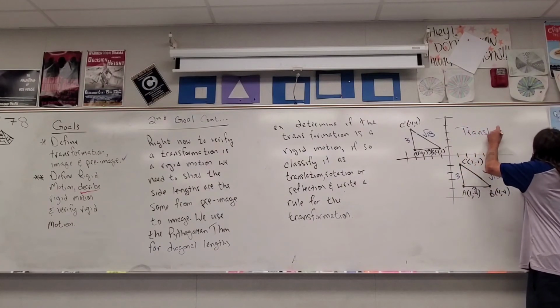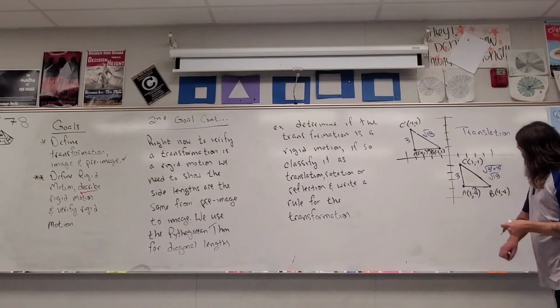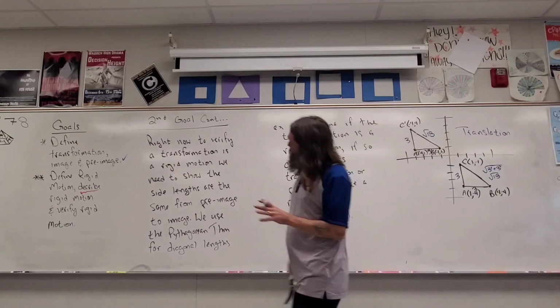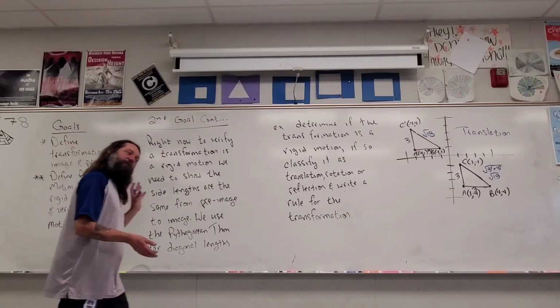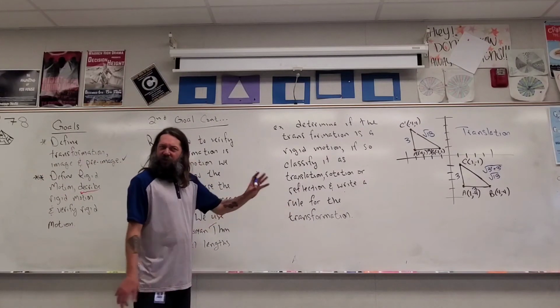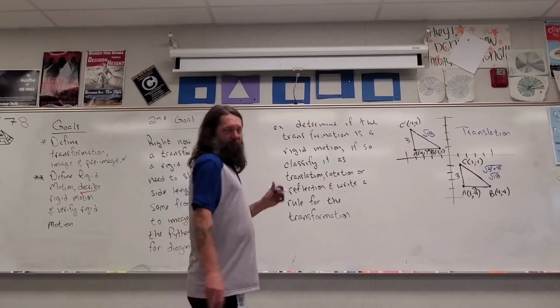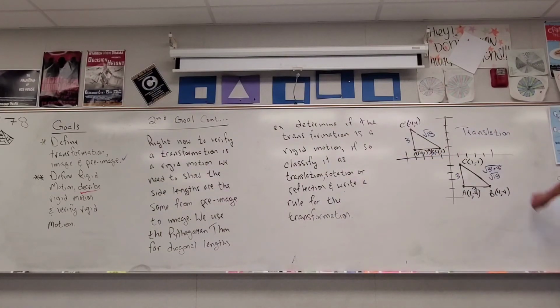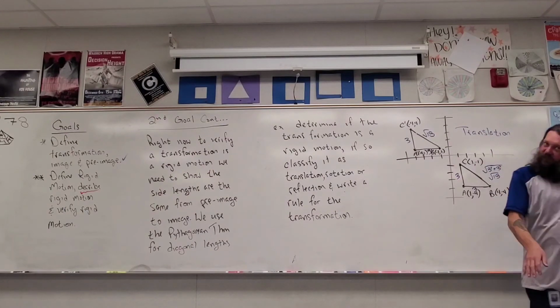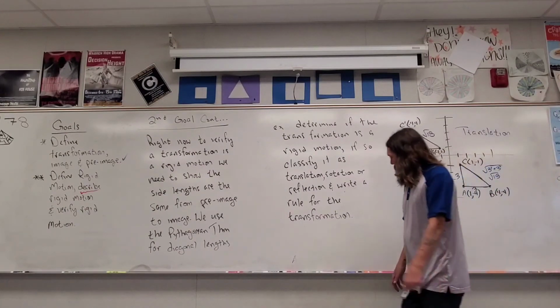Now I'm going to come back and make a video that talks about just rotations and just reflections. But I thought this would be good just to see translations, and you'll see how we write rules for those coming up shortly. So I have a translation, which means that I need to use addition or subtraction to describe what I have.